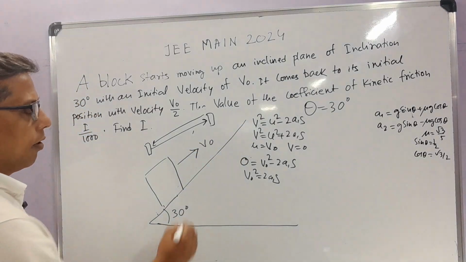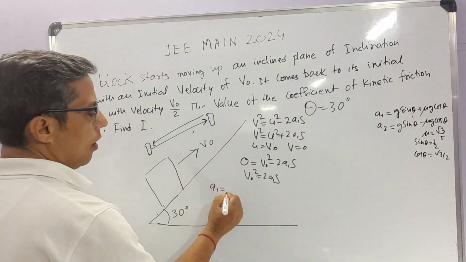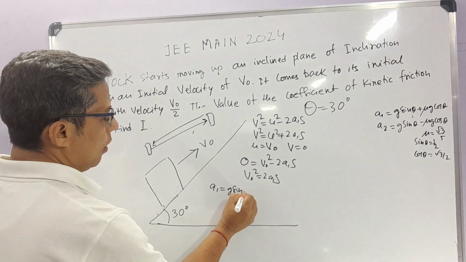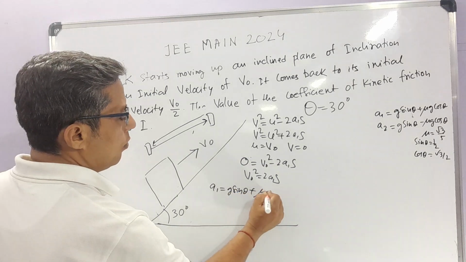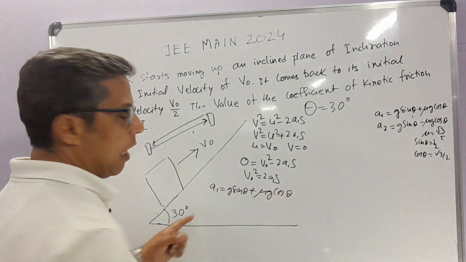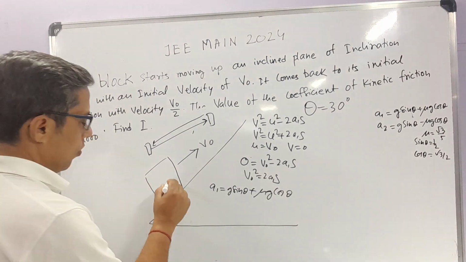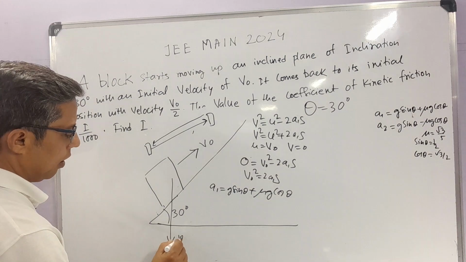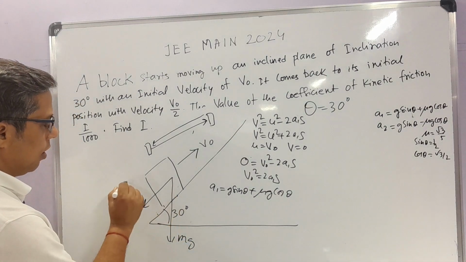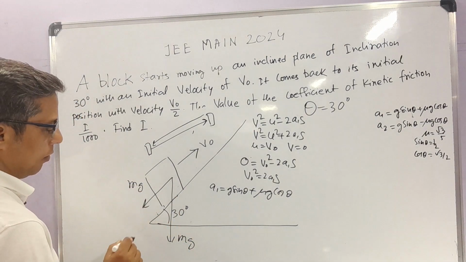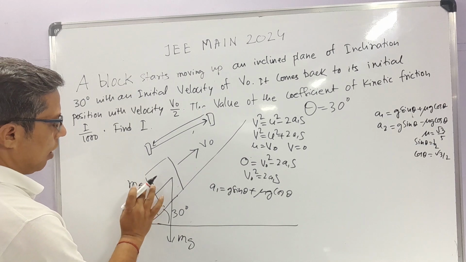So what is the formula for that? a1 is equal to g sine theta plus mu g cos theta, the acceleration for the upward motion. And how are we getting this formula? This is the weight mg, and this component is mg sine theta.